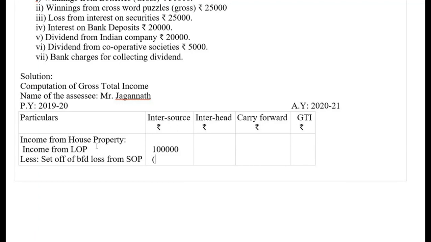The brought forward loss from SOP is rupees 50,000. So still there will be income of rupees 50,000, the remaining income from LOP.